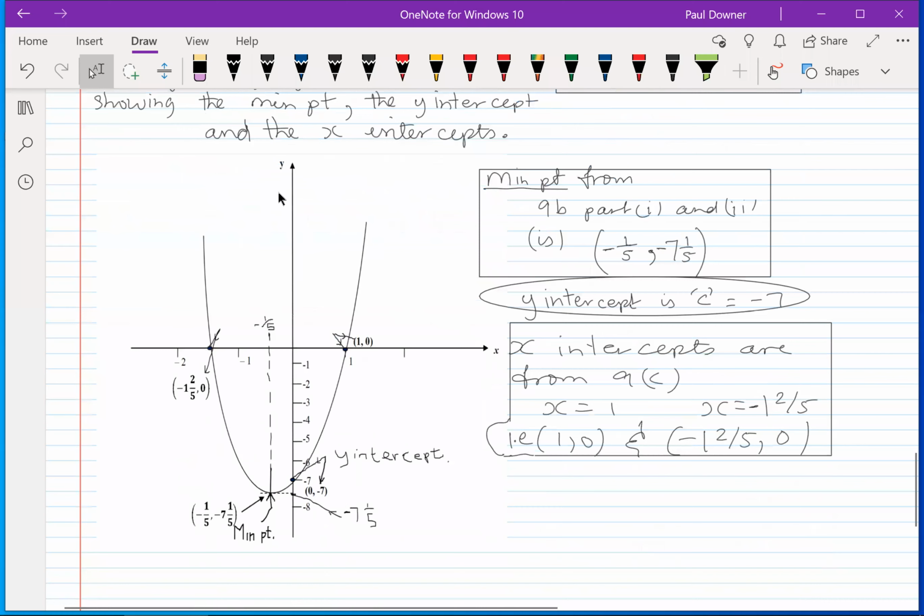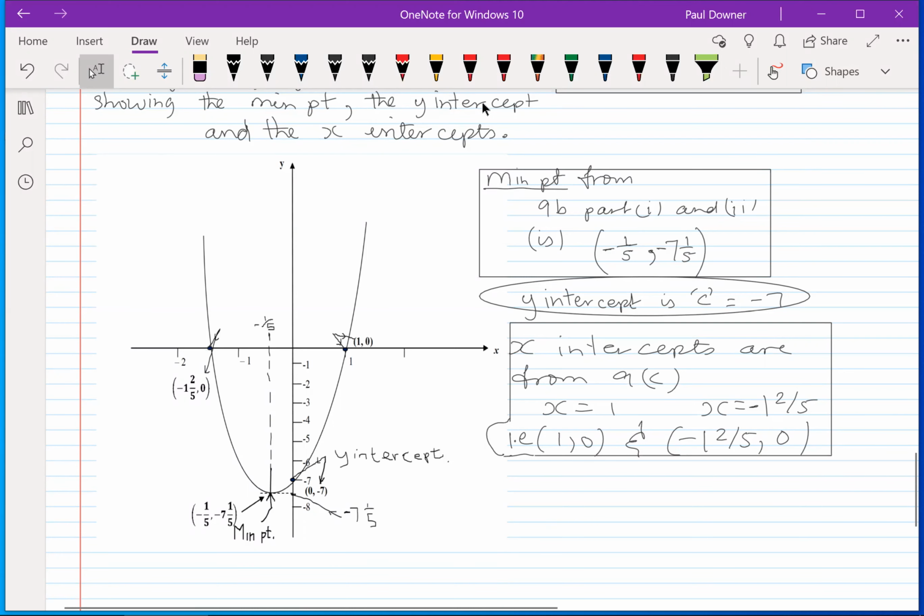So on our curve that we have to sketch, right down to the bottom here, that'll have to be negative 1/5, meaning go negative 1/5 in the x direction, and then you're going to come down to this point right here, which will be negative 7 and 1/5. That'll be the y coordinate. So this here is going to be a minimum point as you would have obtained from 9B parts 1 and 2. So you already worked that out, so you could put that on your sketch.